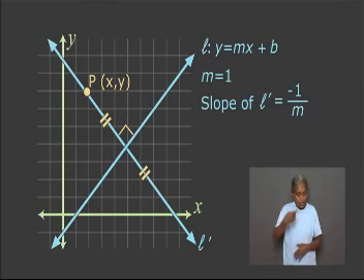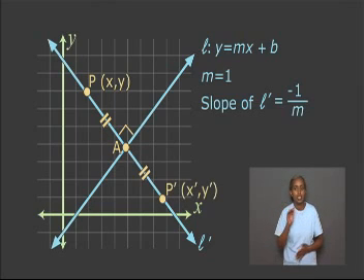Next, we find the point of intersection between L and L prime, which serves as the midpoint of the line between P and its image. Using the intersection as the midpoint and P as the initial point, find the coordinates of the image of P.